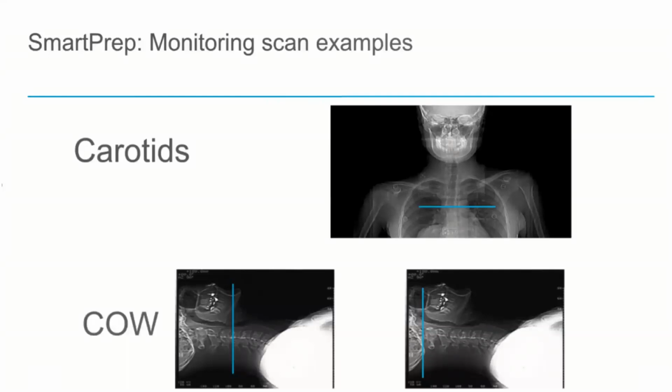Now, if you are a 40 millimeters user, 64 slice systems, it may be easier to set your monitoring at C3 to C4 on a carotid artery.